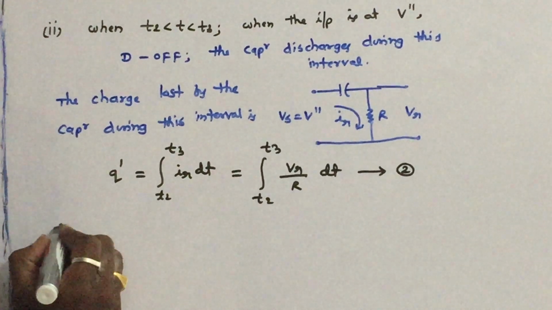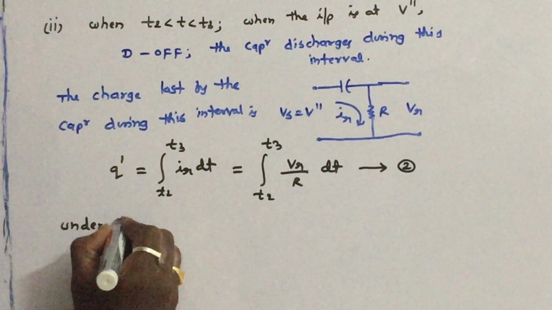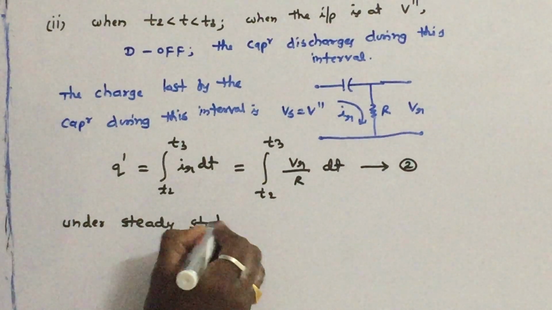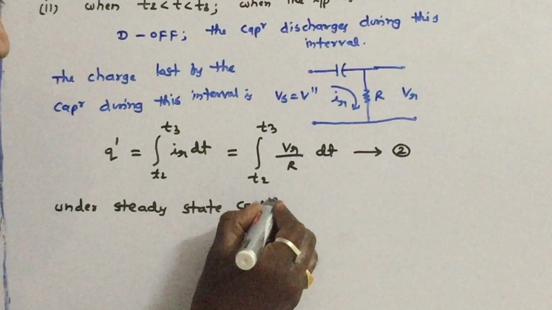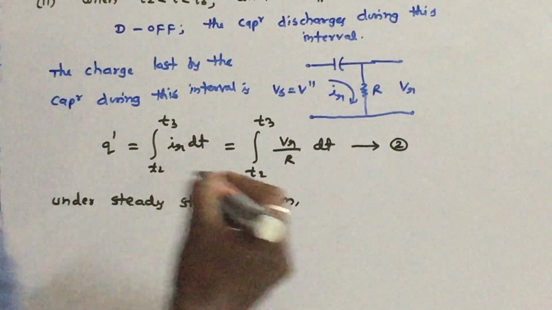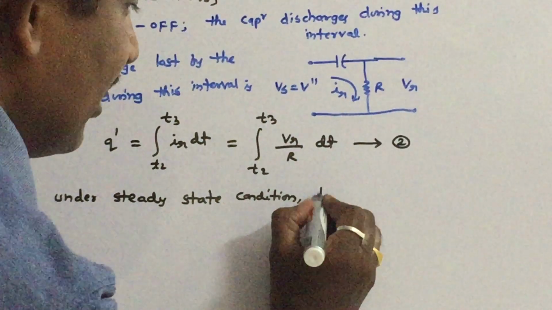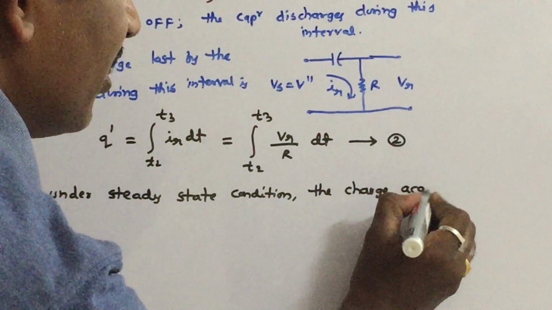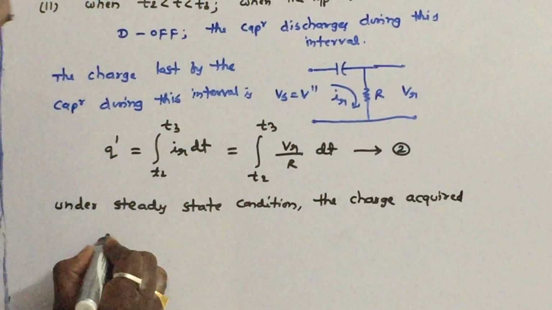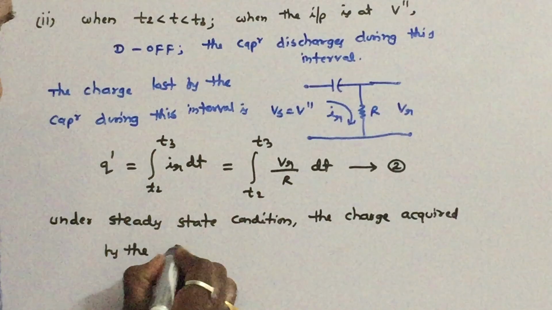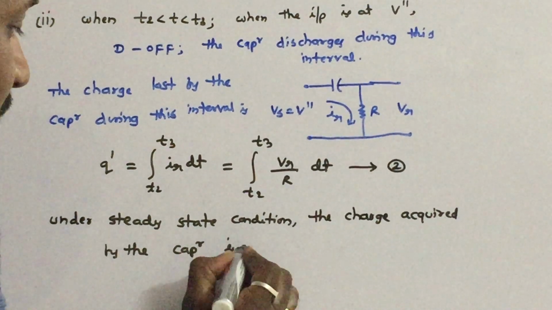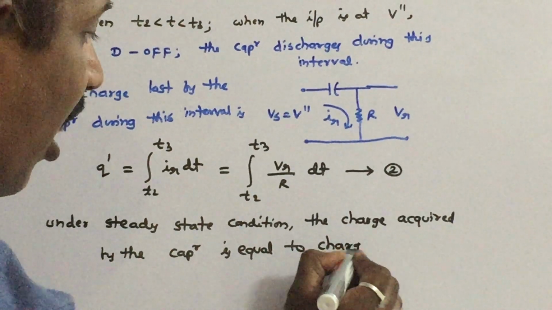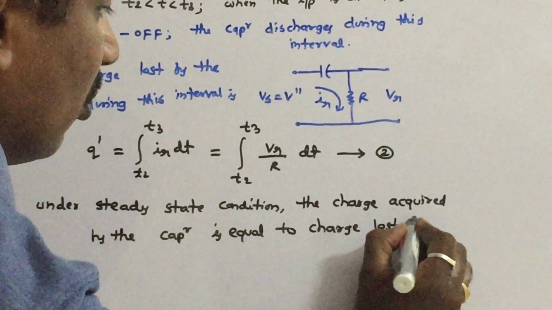Under steady state condition, that means once the waveform has settled down to steady state, the charge acquired by the capacitor is equal to the charge lost by the capacitor.